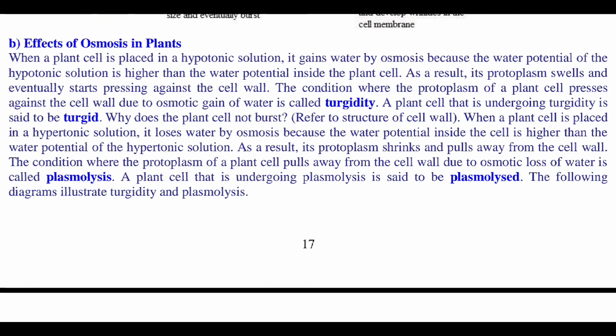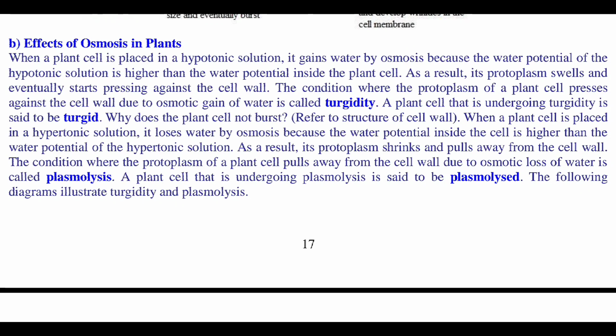Now, in animal cells, when a cell loses water, that is called crenation. Okay? It shrinks and wrinkles. But in plant cells, its protoplasm shrinks and pulls away from the cell wall.